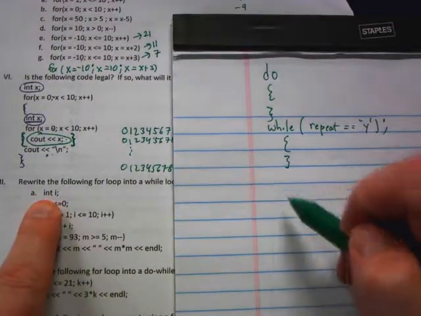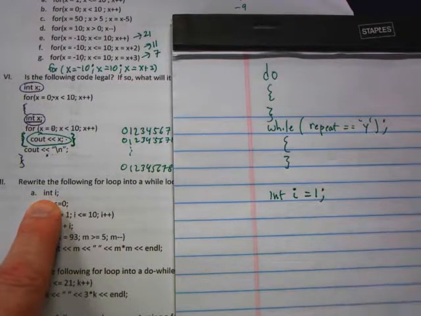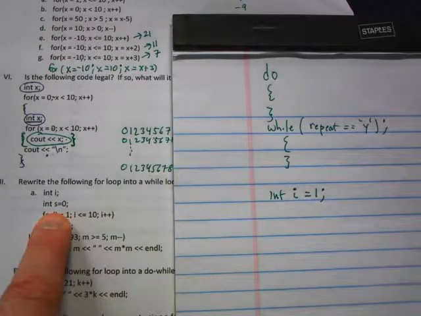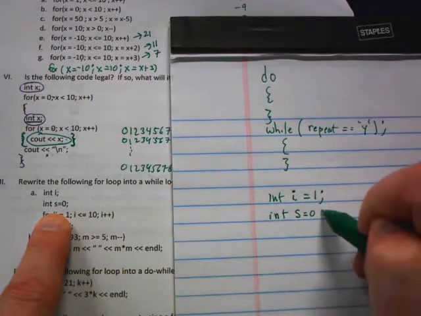I would need to start with int i equals 1. I would need to initialize i at the beginning. I still need that. Int s equals 0.